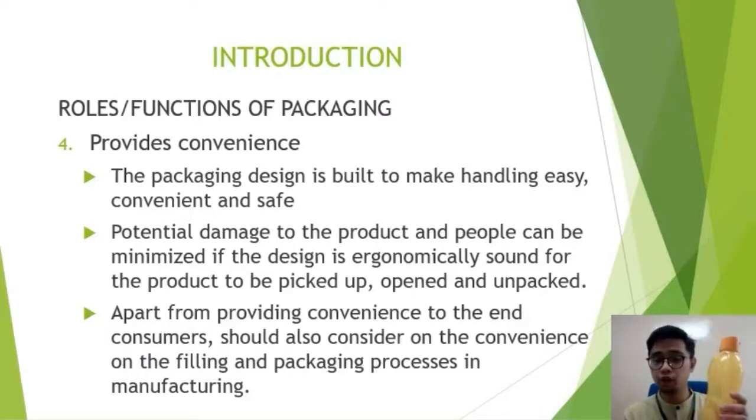It is used to package water. The design here is curvy, so it is ergonomic if we hold it like this. It will also minimize the risk of the bottle falling onto the floor. Apart from providing convenience to the end consumers, the packaging design should also consider convenience in the filling and packaging process in the manufacturing facility.